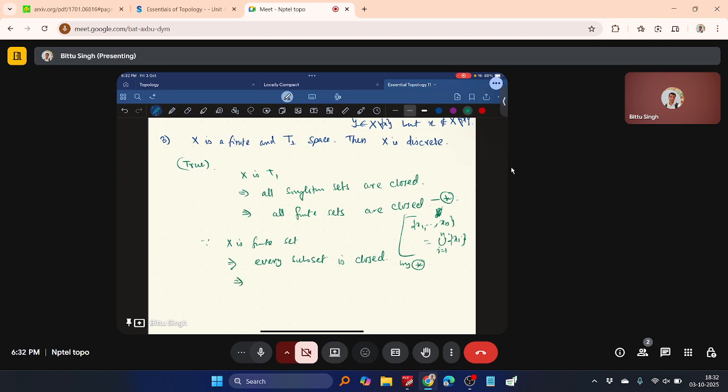So every subset is closed, which means the collection of closed sets is the power set P(X). Hence, if we take the complement of each of those sets, that will be open, and it will be the same power set, right? Every subset is closed, therefore every subset will also be open.